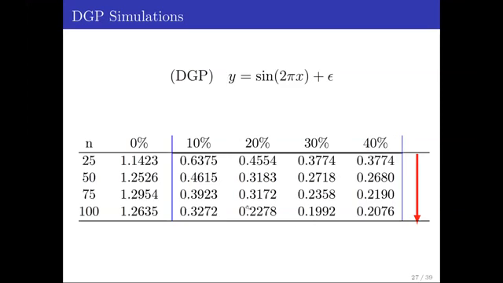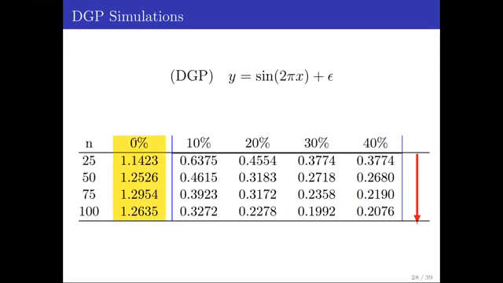All the numbers here are the ratio of MSE between the robust function and the LSCV. That means when this number is larger than 1, the robust function performs worse than the general LSCV method. When this number is smaller than 1, we think the robust function performs better.